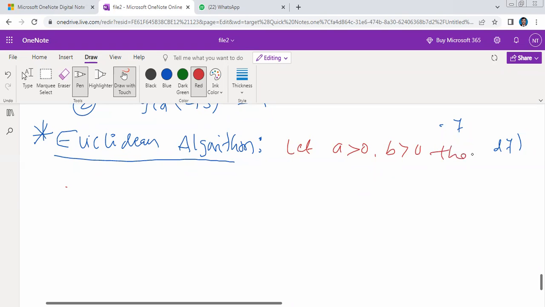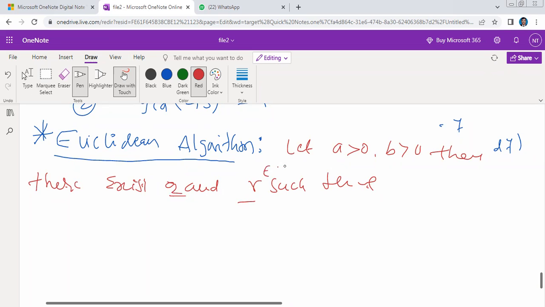Then there exist two numbers q and r in Z such that a is equal to bq plus r, with r equal to 0 or 0 less than r less than b.